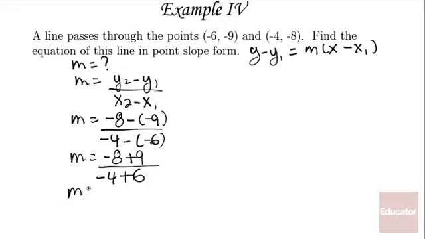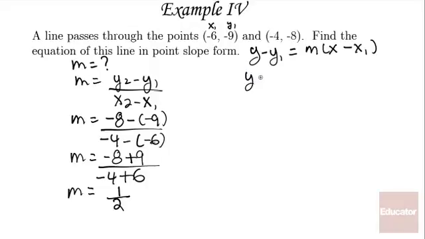Simplifying further, -8 plus 9 is 1, and -4 plus 6 is 2. So now I have m equals 1/2. The next step is to find a value for y1 and x1, and I could use either one of my pairs. I'm going to select the first pair as my x1, y1.